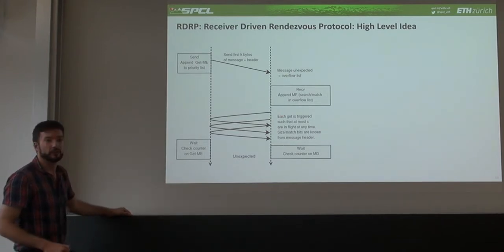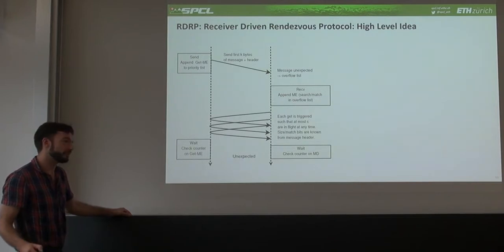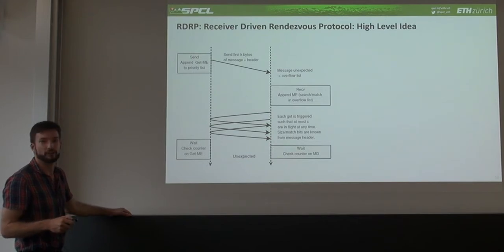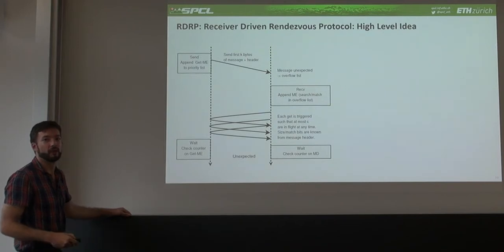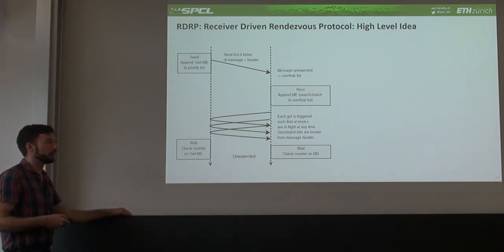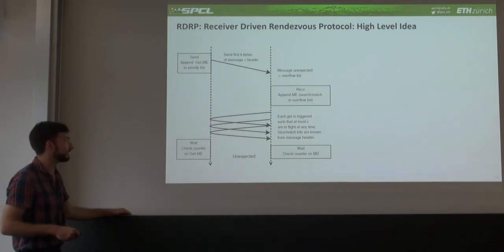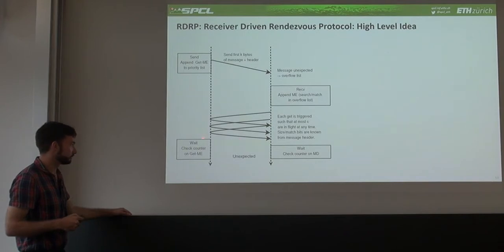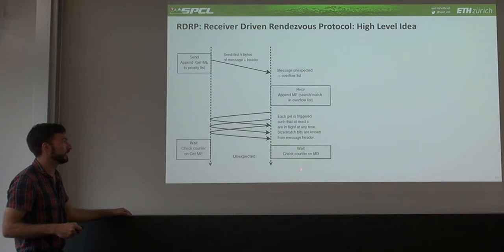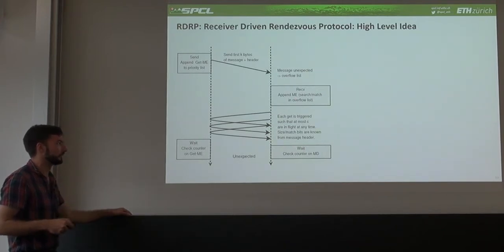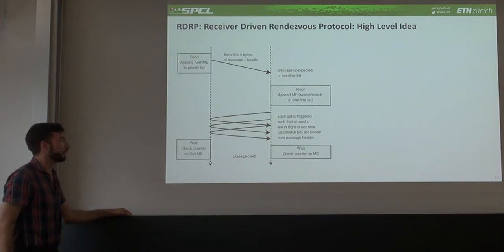The word sequence is very important here because we don't want to transfer all the data in one big chunk, but we want to use a sequence of small chunks so that each chunk will not fill up all our network buffers, and we only start the next get when the previous chunk, or the previous chunks, have finished. Maybe it is useful to parallelize here, as we will see later. And for the wait, we simply have to check a counter on the ME that matches here to see if the transfer is completed.